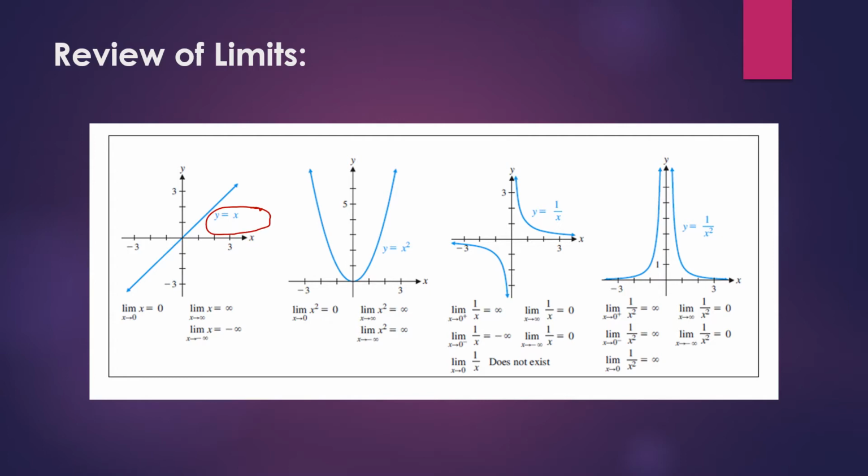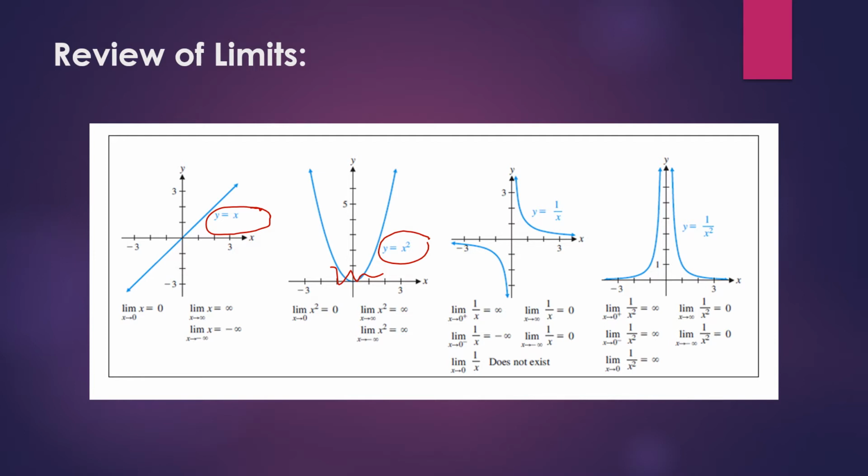It might be a little more wiggly, but it's going to start negative and end positive. When we deal with x squared, or polynomials with even degrees, we're going to get a parabola-like shape. We're going to start positive and end positive, or start negative and end negative, probably just with a little bit of wiggle in the middle.